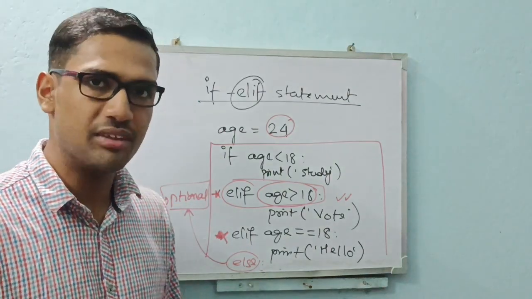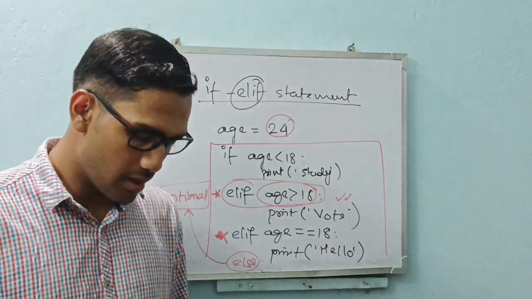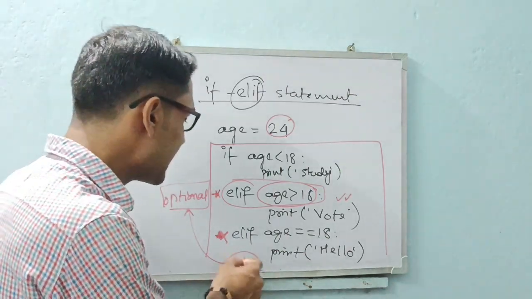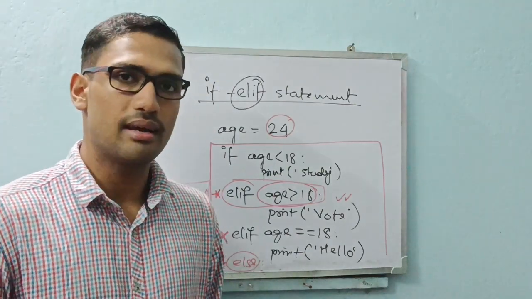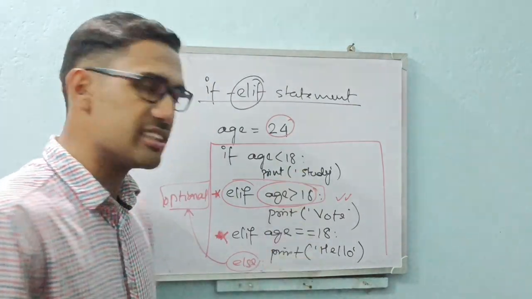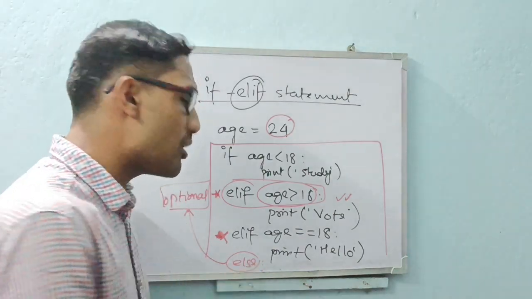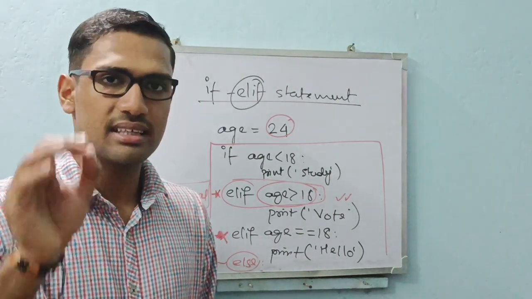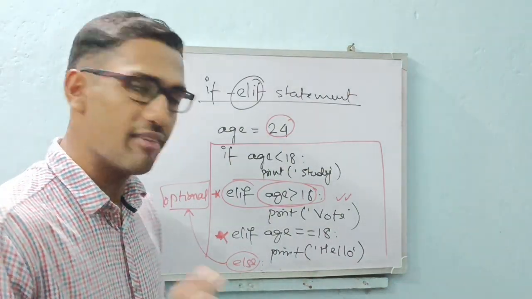You can give this else, or you can omit it. It totally depends upon you. But the question is, when will this else get evaluated or executed? If and only if all the conditions above it evaluate to false.